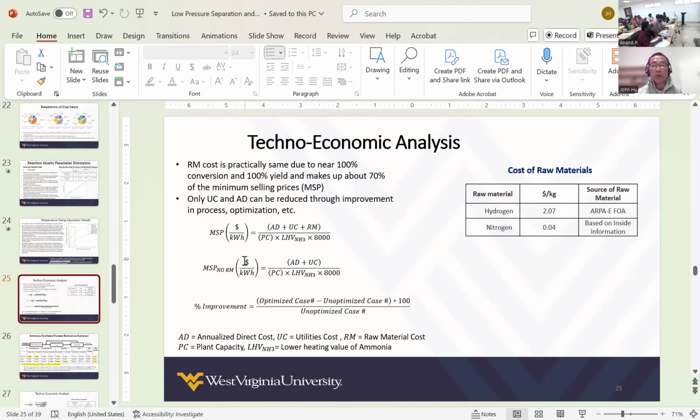The formula basically involves the capital cost, utility cost, and raw material cost divided by price, and also the heating value, and how many hours you can operate. Typically, for any manufacturing plant, you have to consider startup, shutdown, and maintenance, and you can operate 8,000 hours per year. So this is the minimum selling price.